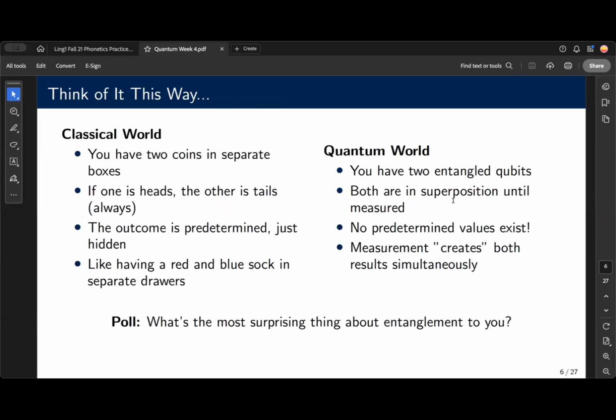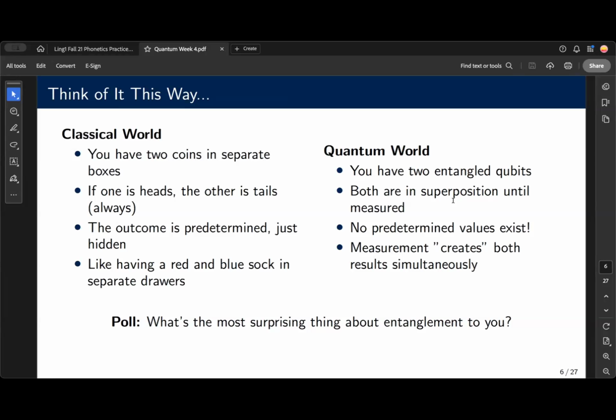But in the quantum world, we have two entangled qubits. So let's say one qubit exists in this room and the other one is in China, and both are in superposition until they're measured. That means that we don't know what state they'll be in until we actually go and open the box.